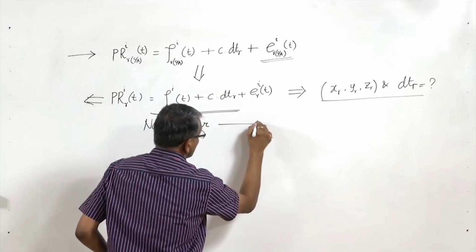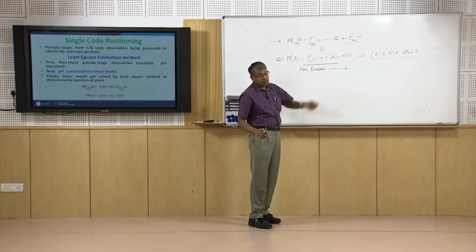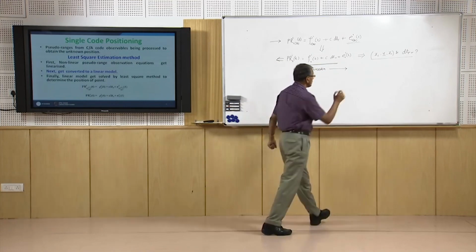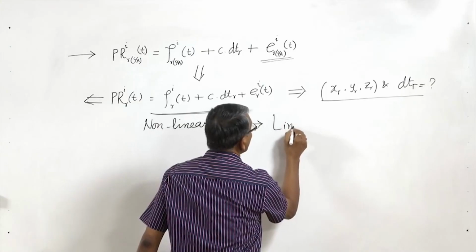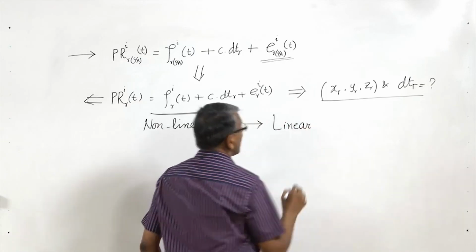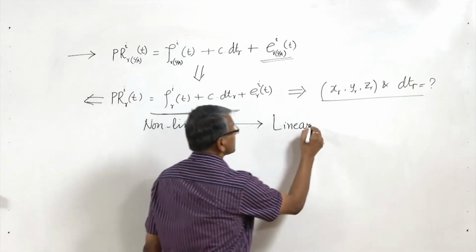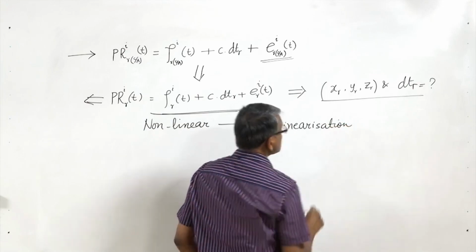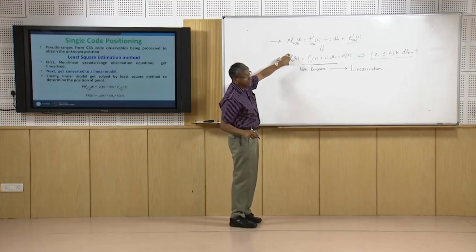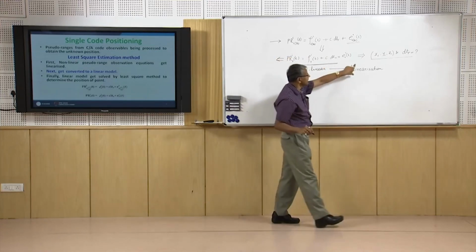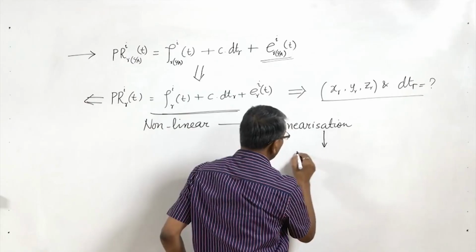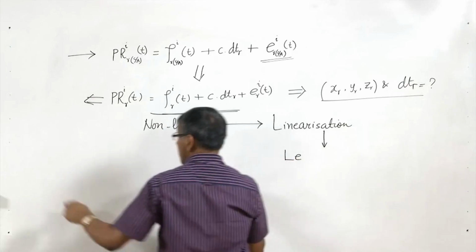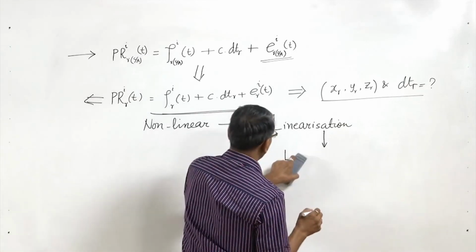So, first we need to modify this non-linear relation to linear, which is called linearization. Once the non-linear pseudo range observable has been linearized, we need to convert it to a linear model.